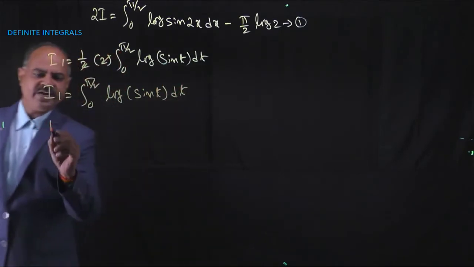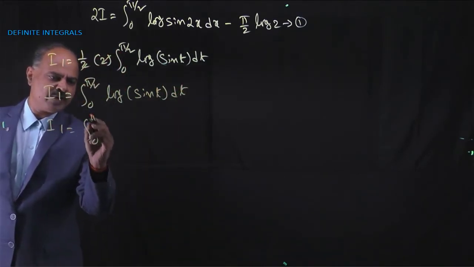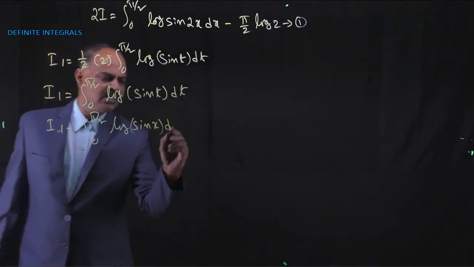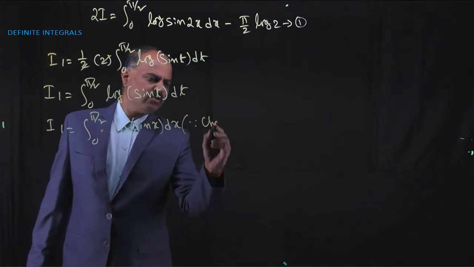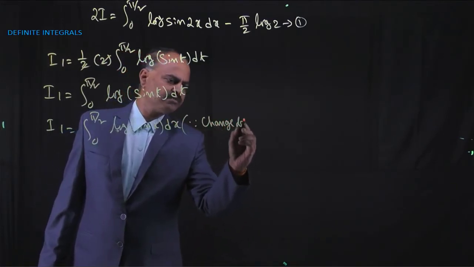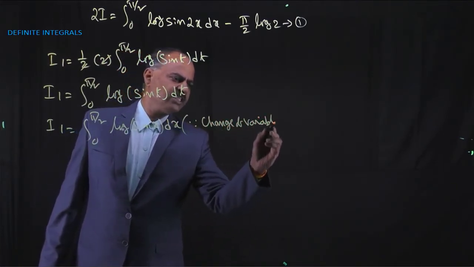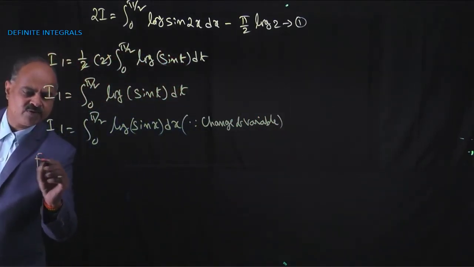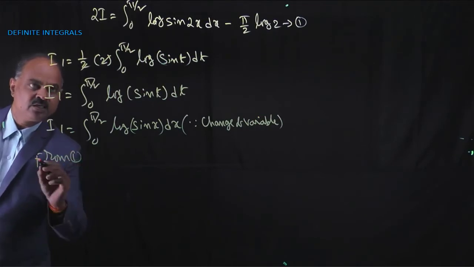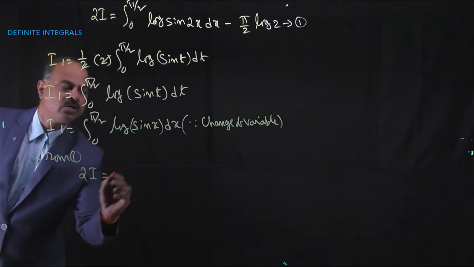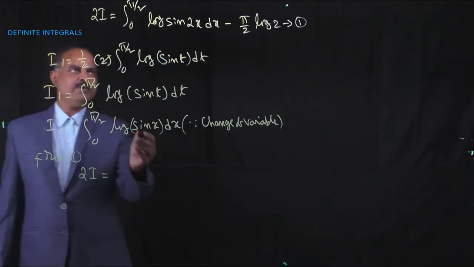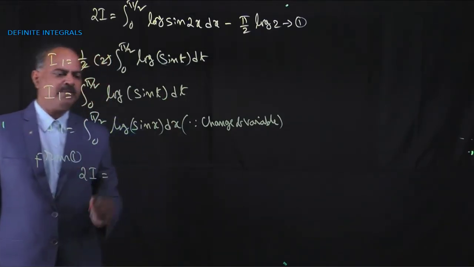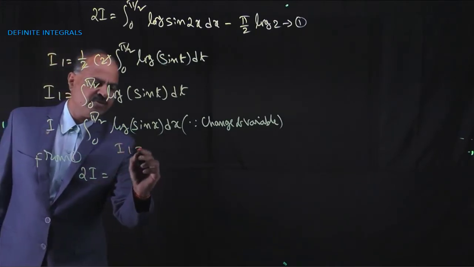By change of variable, I1 equal to integral 0 to pi by 2 log sin x dx, since change of variable means without changing the function and the limits, only change the variable. So I1 is equal to I.